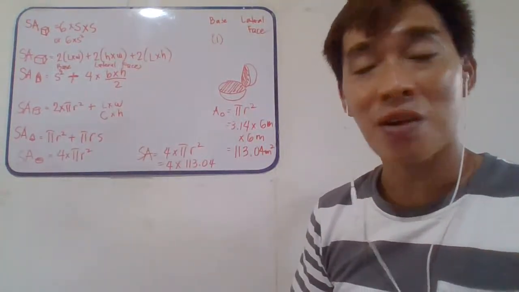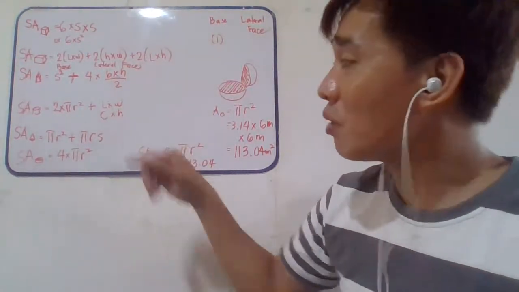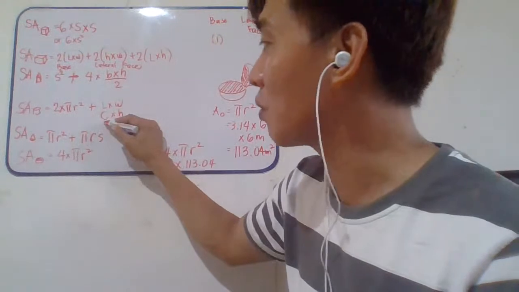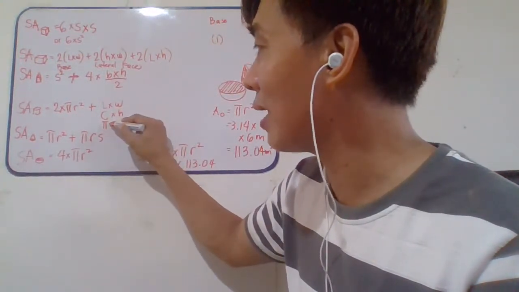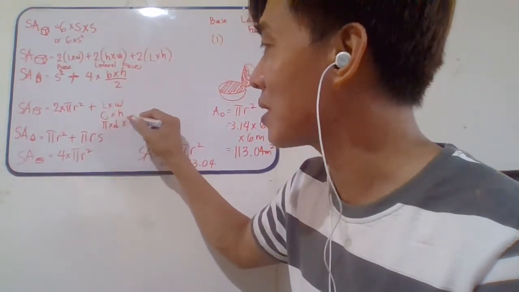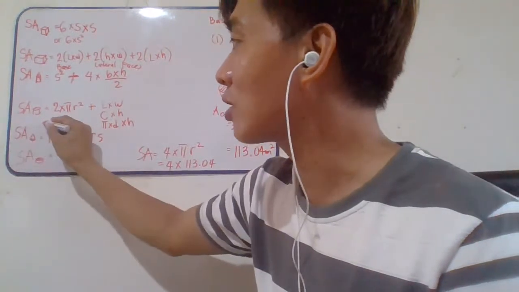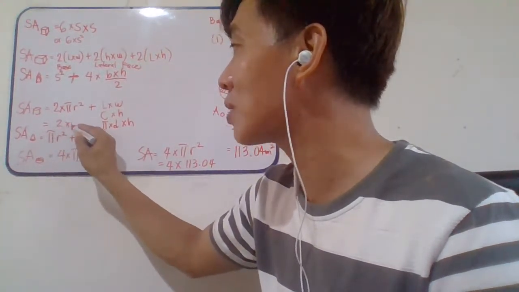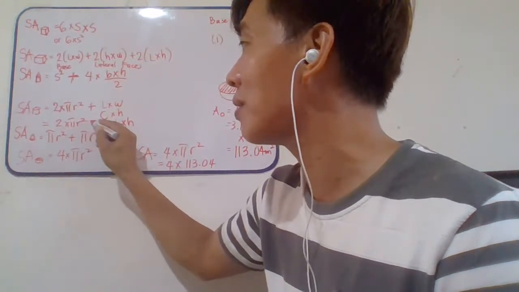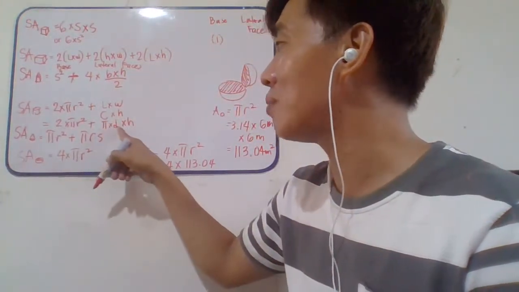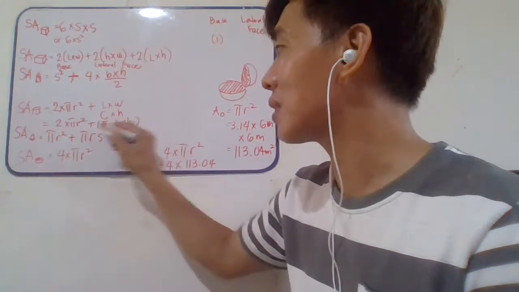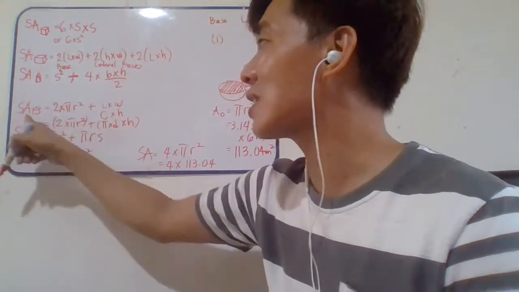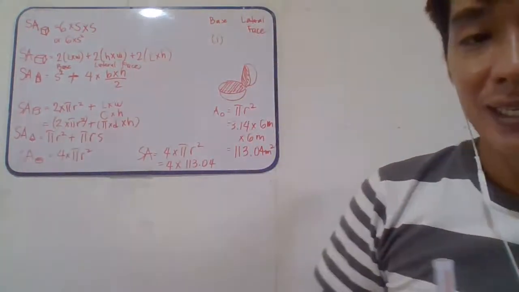The circumference times the height. The circumference is equal to pi times d, times the height. Therefore, the surface area of the cylinder is 2 times pi r squared plus pi times d times height. So, that's the surface area of the cylinder.